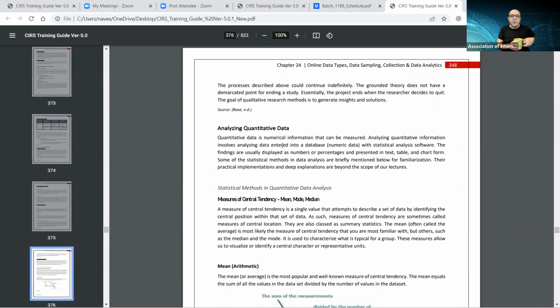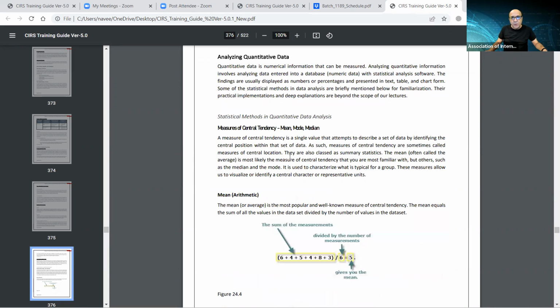Most of it comes from your school days, when in high school you must have learned about mean, mode, median, if you studied statistics as a subject. What statistical methods do is play with the quantitative or numerical data and make sense of how you organize those numbers.